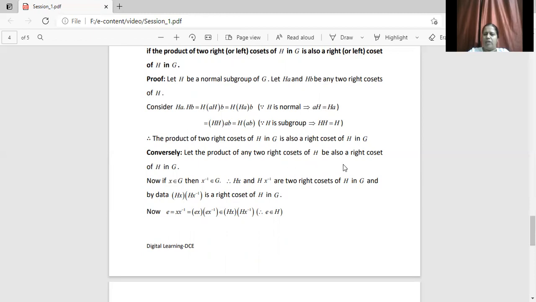The product of two right cosets is again a right coset of H in G. Hence, my two right cosets are Hx and Hx inverse. Therefore, their product is also a right coset of H in G.